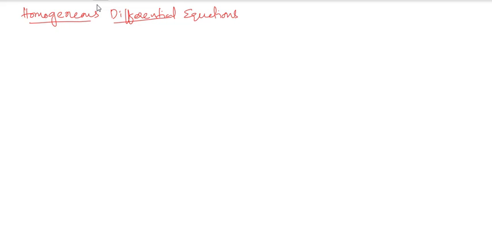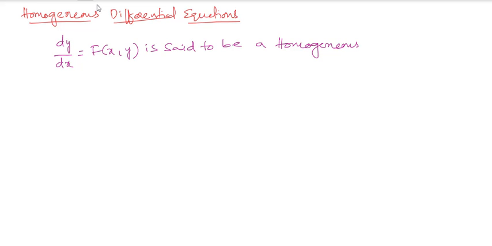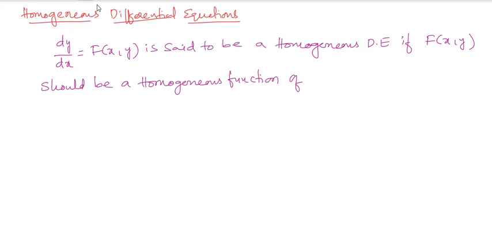Homogeneous differential equations. An equation that is a first order and first degree differential equation, like dy by dx is equal to f of x comma y, is said to be a homogeneous differential equation if f of x comma y is a homogeneous function of degree 0.